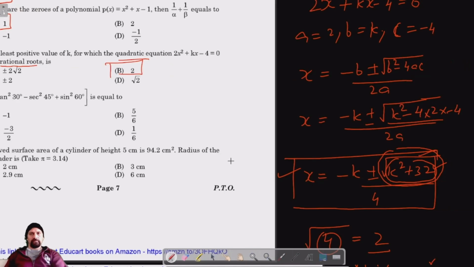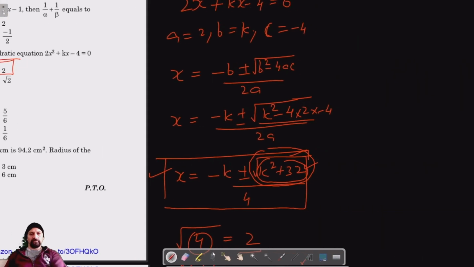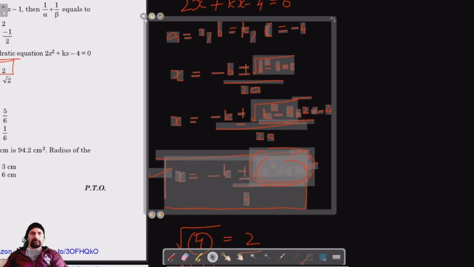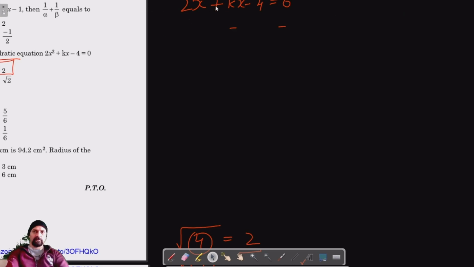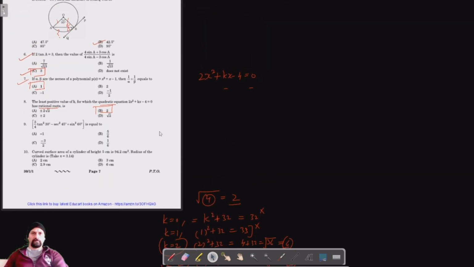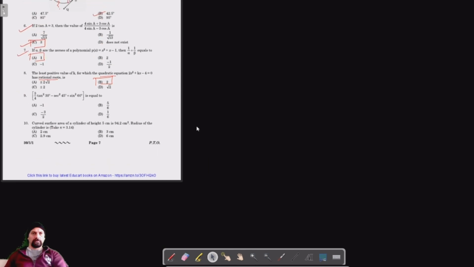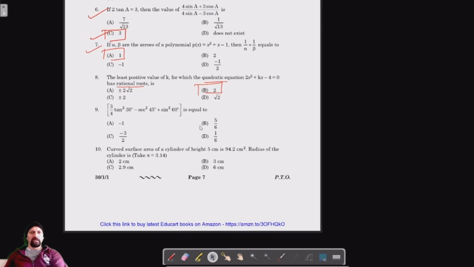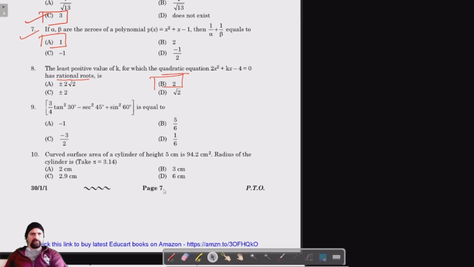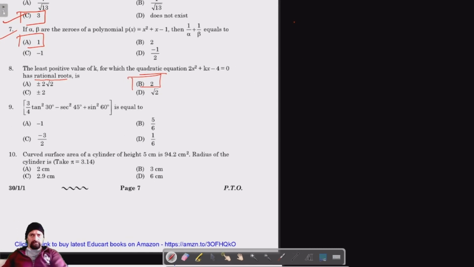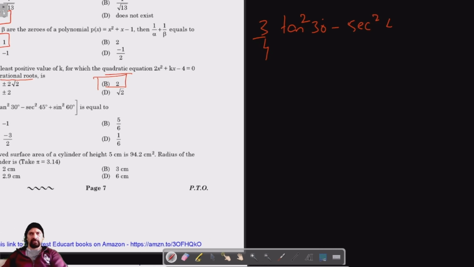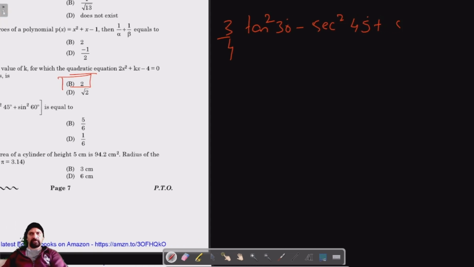Okay, moving on to question number 9. For question number 9, we have to evaluate 3 by 4 tan square 30 degree minus secant square 45 degree plus sine square 60.